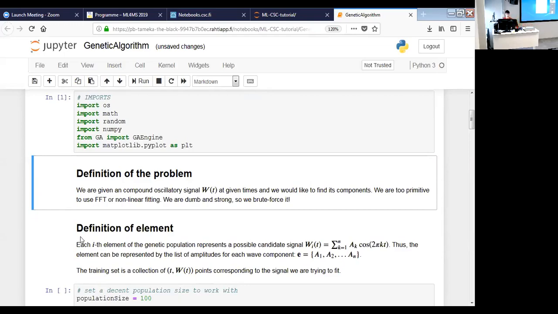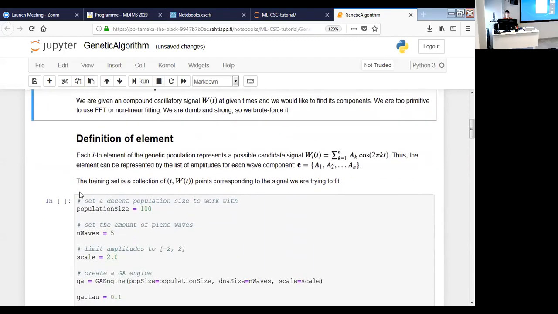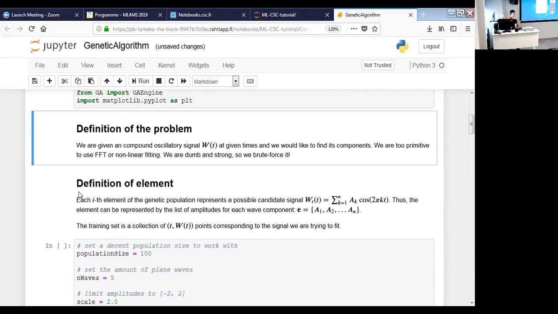In this case, we have a toy problem: a compound oscillatory signal, with its value at different points in time. We would like to extract the Fourier components, but we are not so good at FFT or nonlinear fitting, so we try brute force with a genetic algorithm.